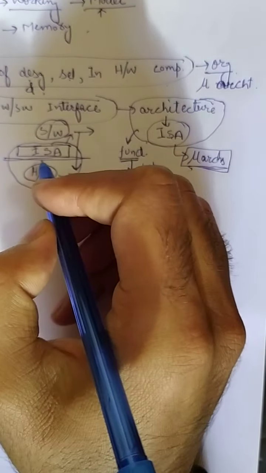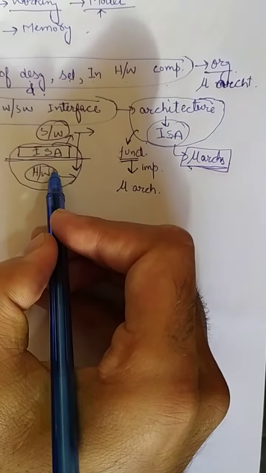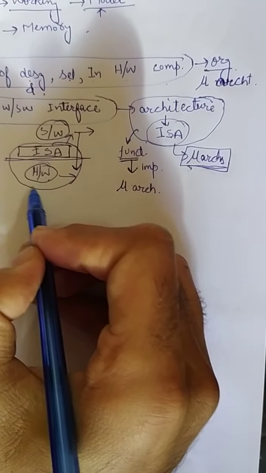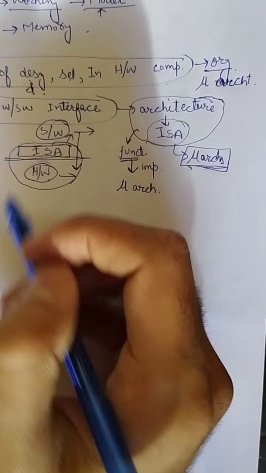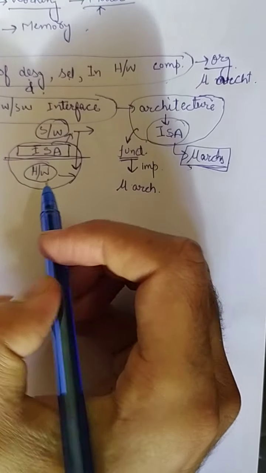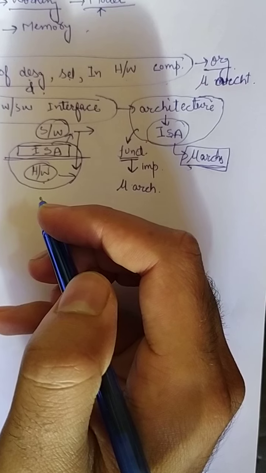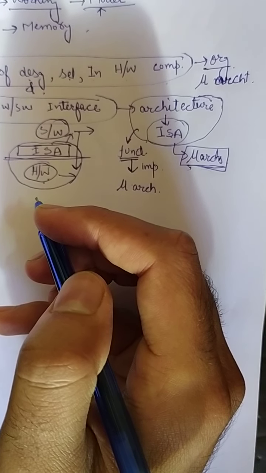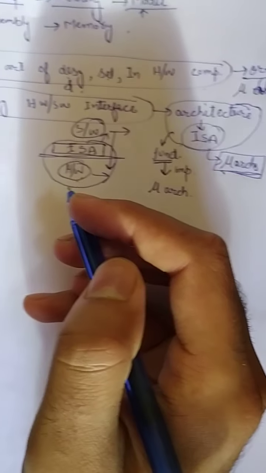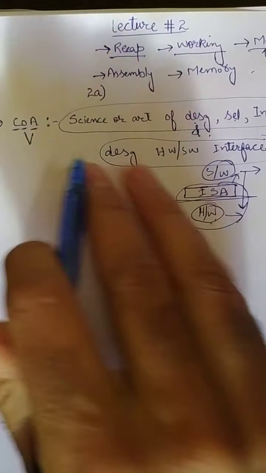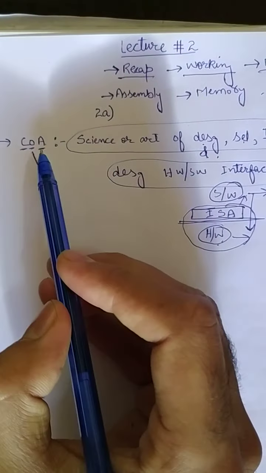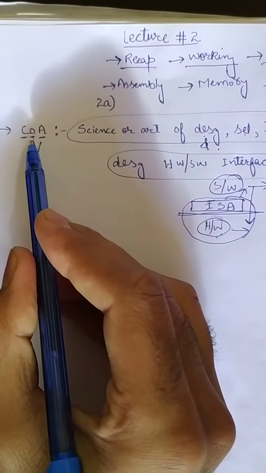The instruction set architecture is the view of how the hardware is working, as presented to the software. And the organization, as I said, is the actual implementation of a computer in hardware. So we are fine with these two terms now, organization and architecture. I hope everyone understood them.